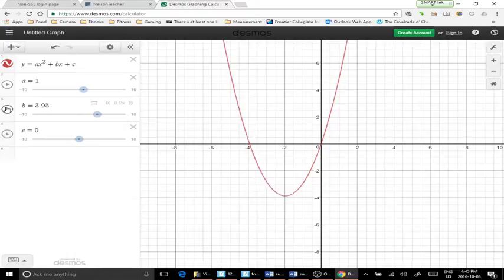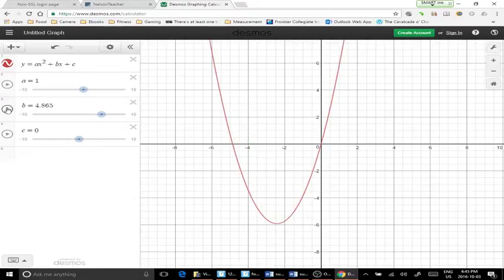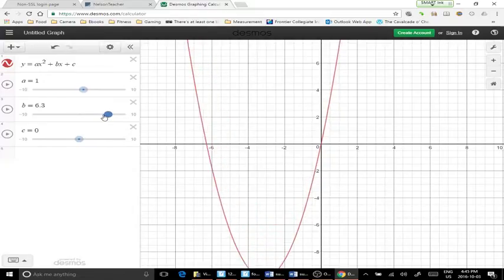As I increase B, the graph moves left and down. So if I increase B, the graph moves left and down. It isn't stretched or compressed. It's not skinnier or fatter. The shape stays the same. But if we make B bigger, the graph moves left and down.